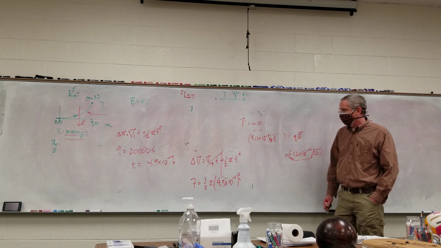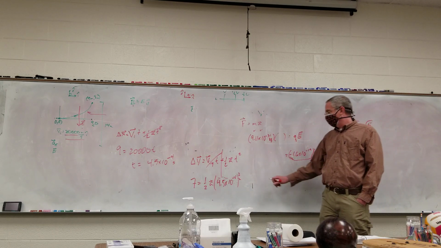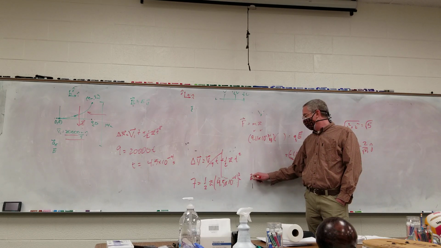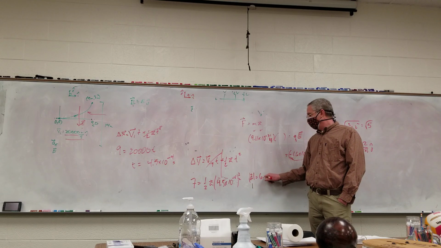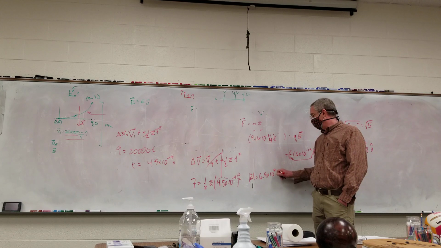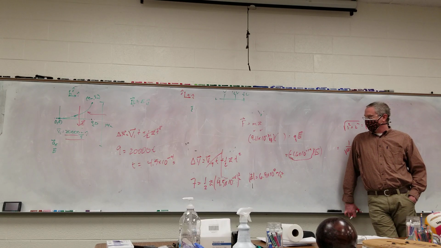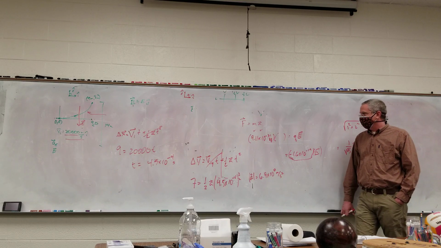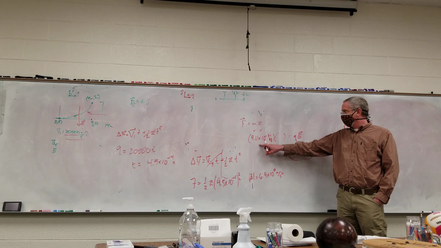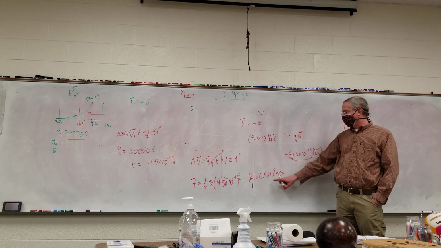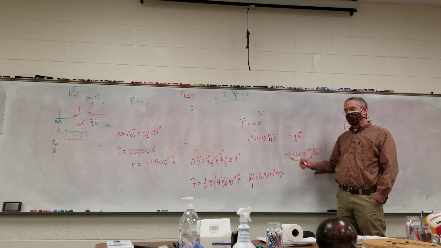It's like 6.9 times 10 to the 7 meters per second squared. Okay, and so then the electric field is just following that equation for the force. Yeah, the mass of the electron times the acceleration, divided by the charge. Okay.